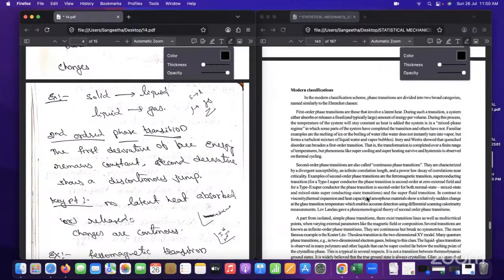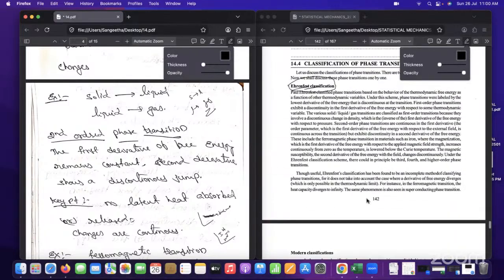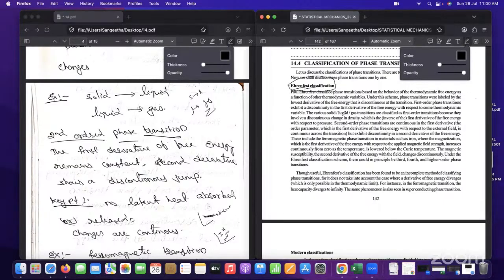I will show it here. See here, in second order phase transition, it is continuous in the first derivative, whereas in the second derivative it is discontinuous. This is an important point.